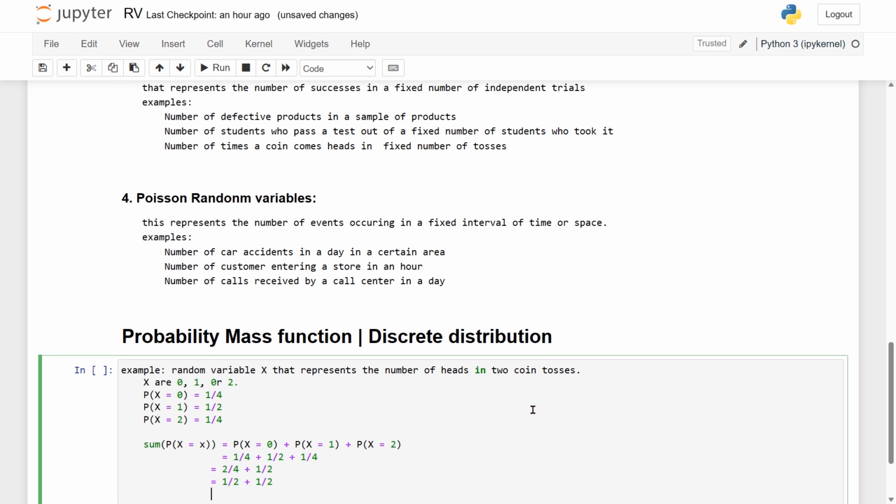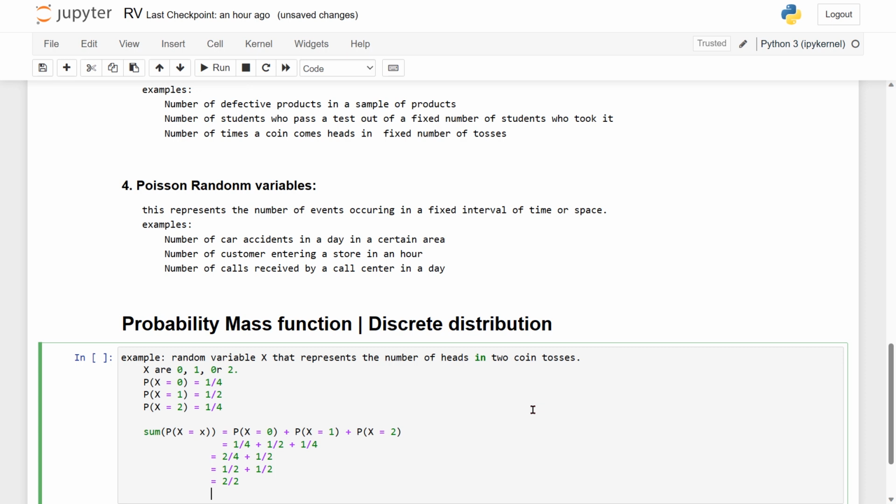That is 2 divided by 2, which equals 1. Hence proved.